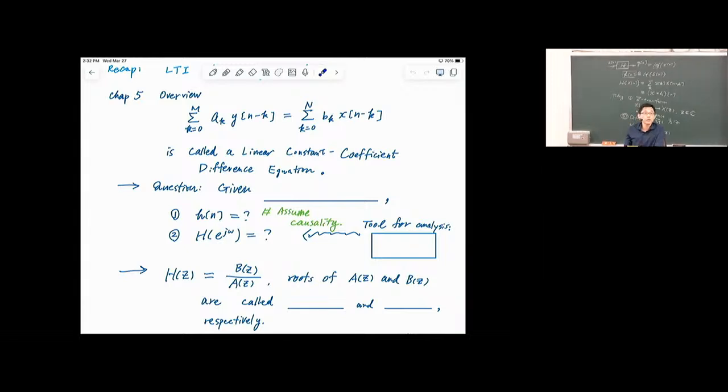And let's have an overview. So first, we will be using this kind of equation. Okay, let's call it equation 1. On the left-hand side, we have a linear combination of output samples, going from the most present sample, k equal to 0, which corresponds to the present sample y of n.